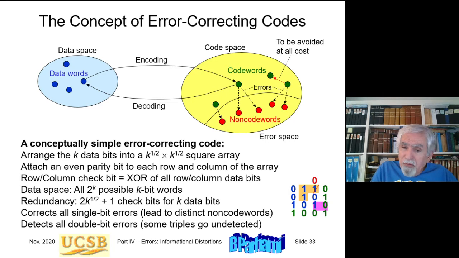Of course, as the number of data bits grows, so if you have, for example, a 10 by 10 array of data, 100 bits, then you will have 21 redundant bits for 100 data bits, that's 21%. So redundancy shrinks as the size of the data increases, but the capability is still the same. It's single error correcting, double error detecting.